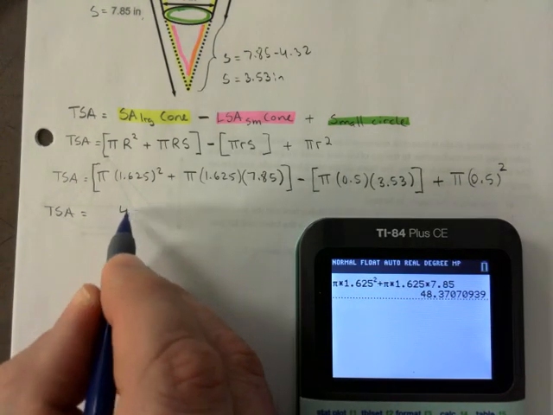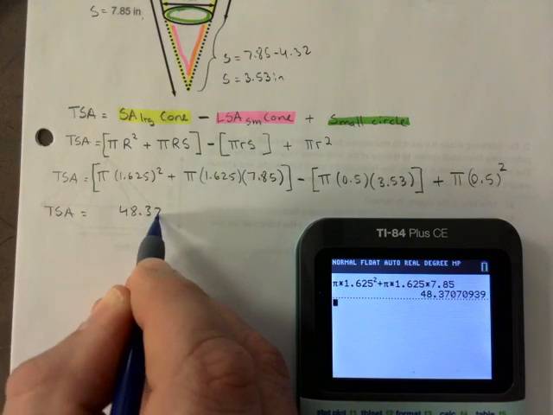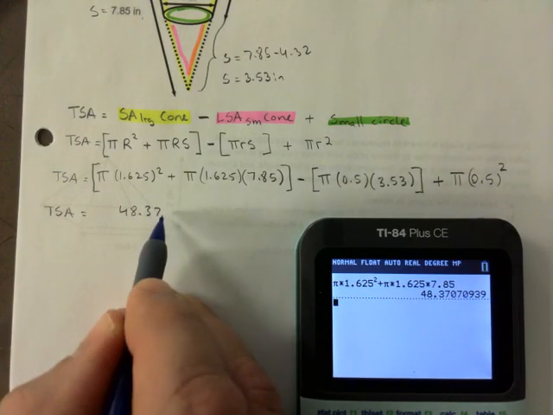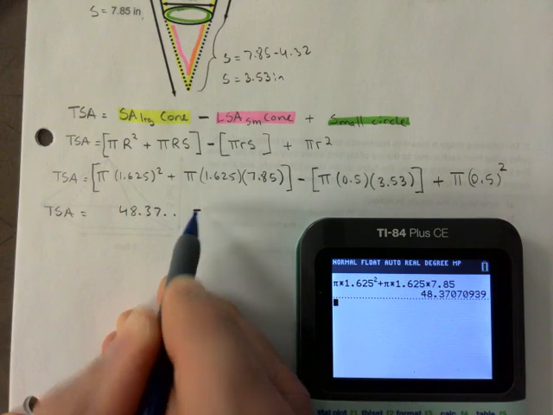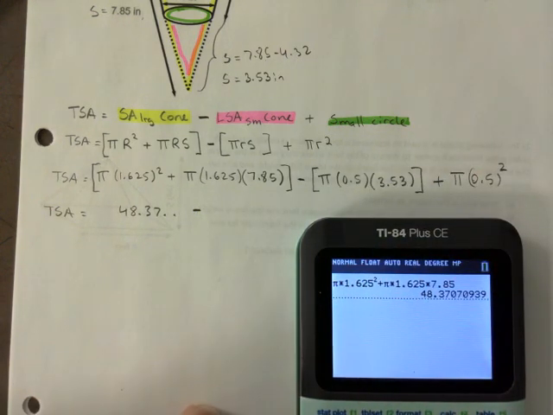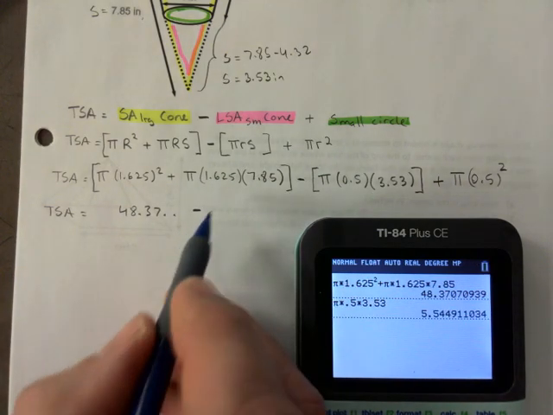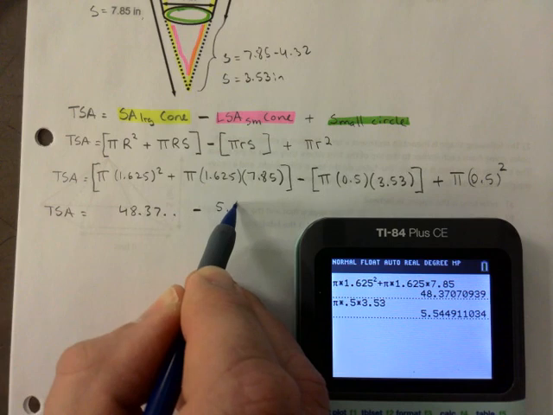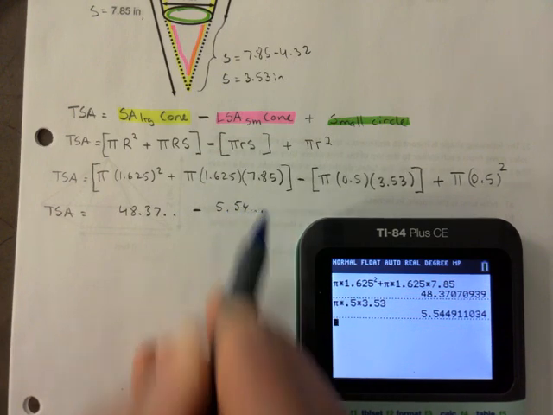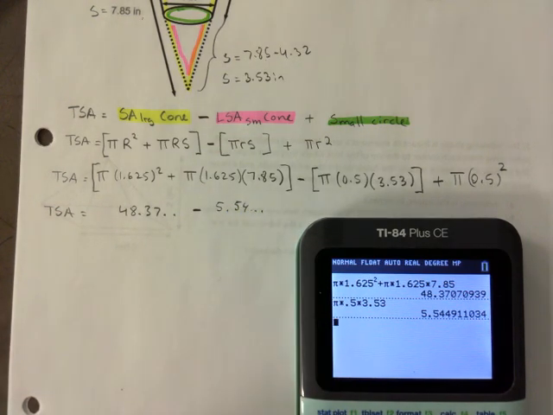So that's 48.37 something, right? Minus, I will do this part, pi times 0.5 times 3.53. That's 5.54 something.